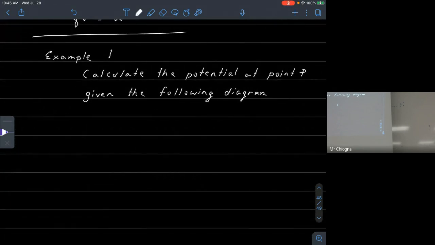So, calculate the potential at point P given the following diagram. So let's look at this. It's positive. If you don't see any sign in front of it, it means it's just positive.